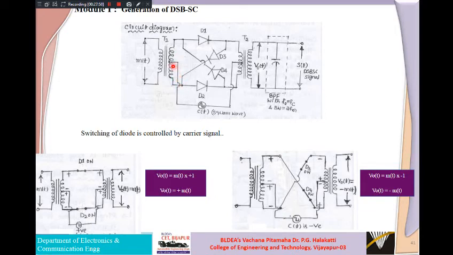Because of this, the positive is connected to this terminal and goes to the cathode of D3, so D3 is off. In the second half below, there is positive and negative. This positive is coming here and is connected to the cathode, which turns off D3.